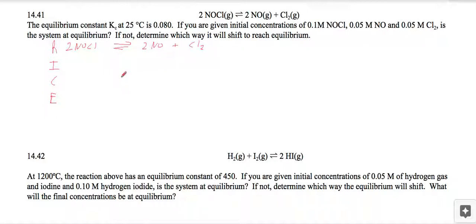We can plug things in. Again, we're given concentrations, not moles, which is kind of nice. Saves us a step. 0.5. Chlorine is 0.05. Minus 2x, 2x, 2x.